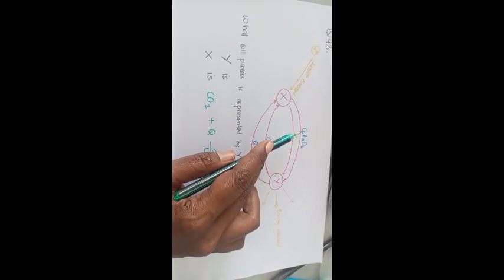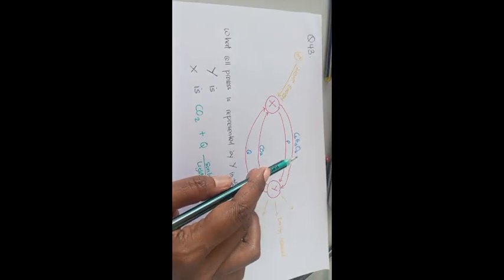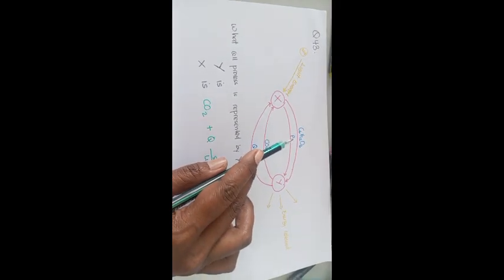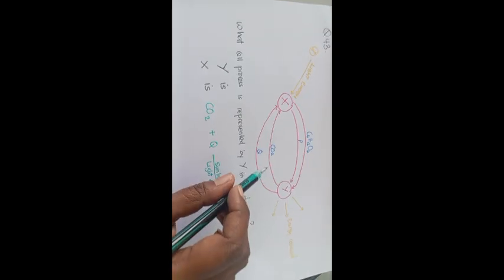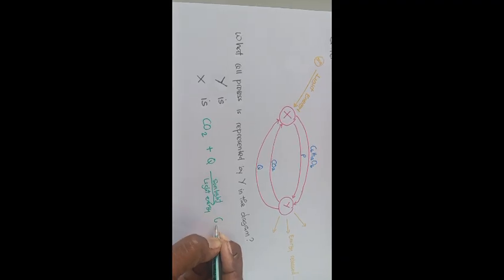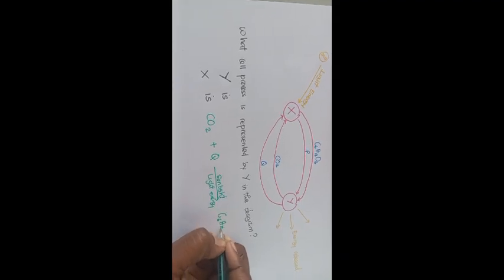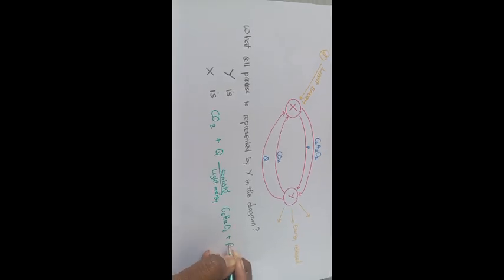The first thing that it releases is C6H12O6, which is glucose, and P is another substance that it will release with it. I'll write it down: glucose, C6H12O6, plus P.